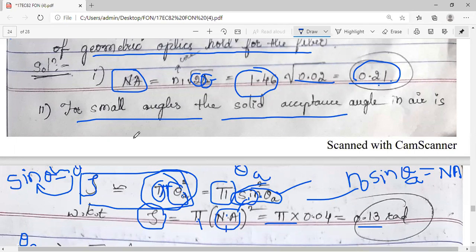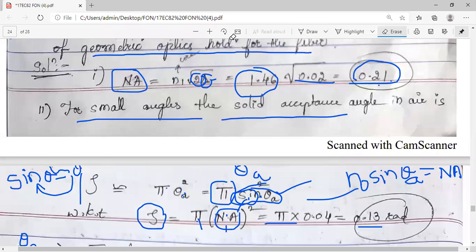Fine. Remember, this is the change. Important thing is how zeta, the solid acceptance angle, is equal to pi into theta a square.